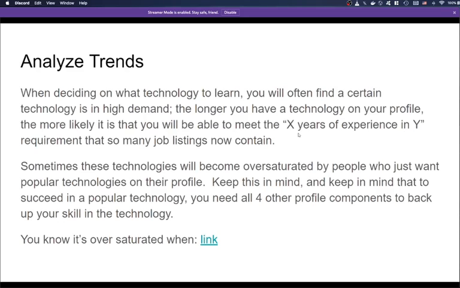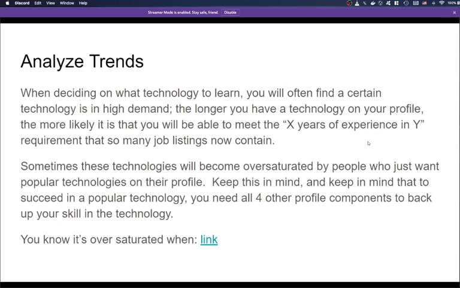You're going to see these everywhere when looking for jobs and internships. These are requirements that say you have to have this many years of experience in this technology. If you hop on that early enough, you will have that many years of experience in that technology by the time you're actually applying to jobs. So it's always better to start learning the popular technologies that you know you're going to see in the job requirements as soon as you possibly can.